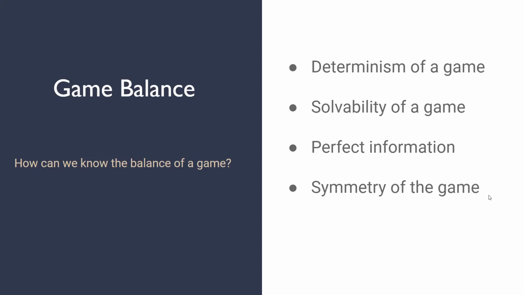And of course, the symmetry of a game is basically when the player and the opponent are using the same parameters or the same objects amongst each other. An asymmetric game would be a game using different classes, different enemies.